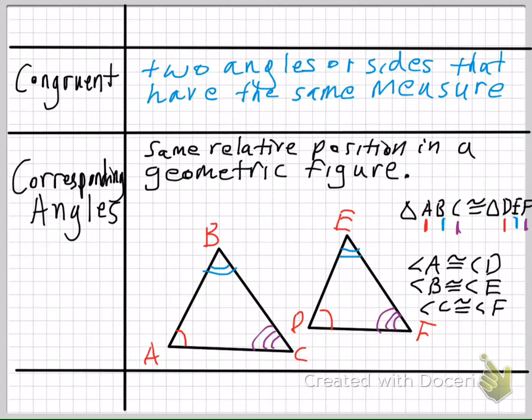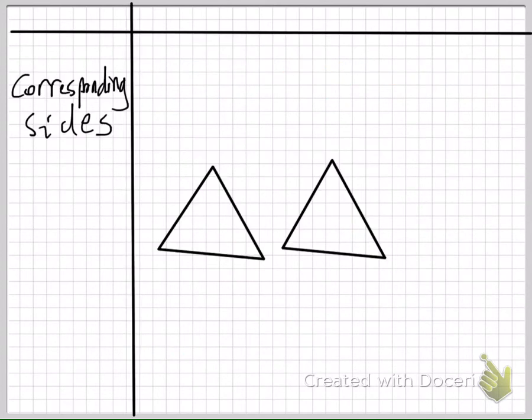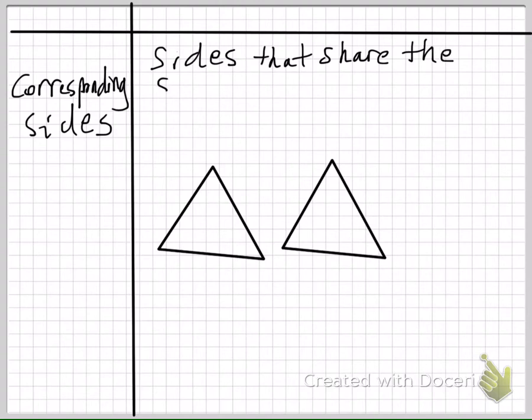Now, what about corresponding sides? So if we're looking at corresponding sides, they are going to be sides that share the same relative position in a geometric figure.